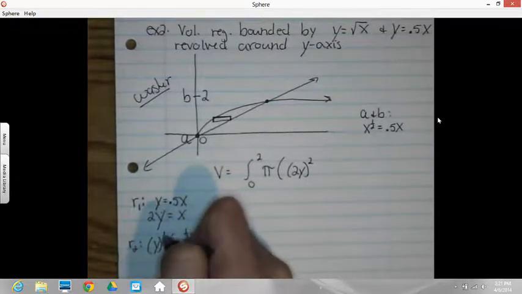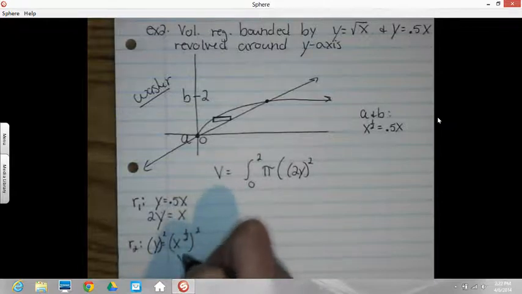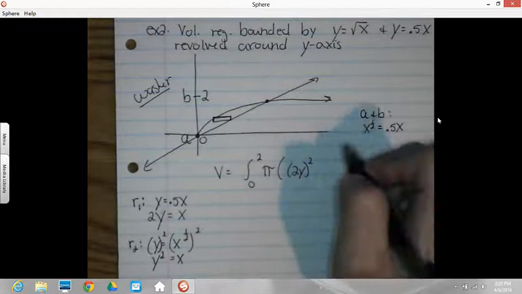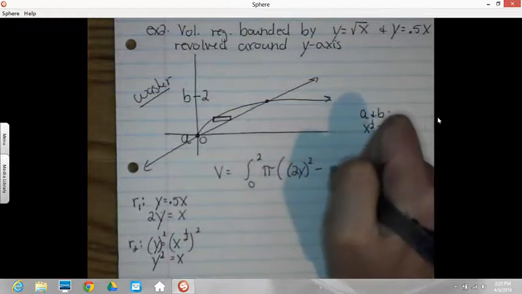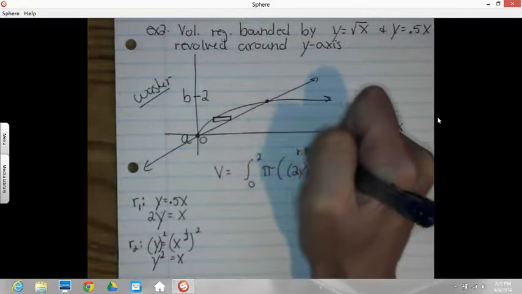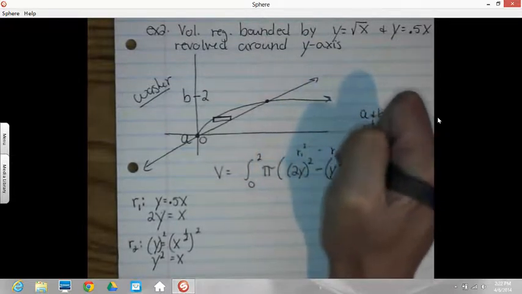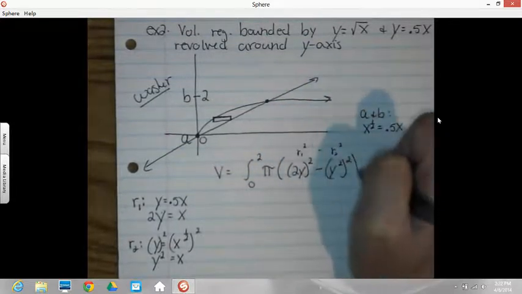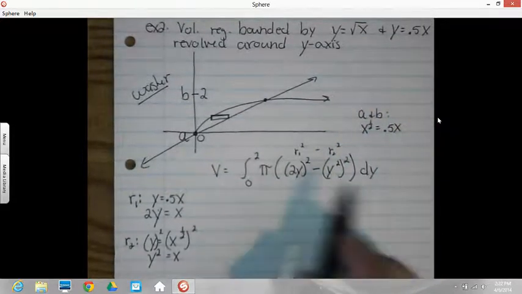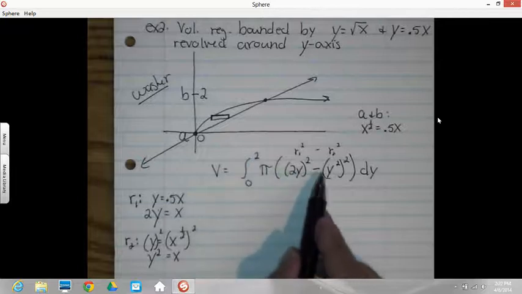So that will give me x equals y squared. Y squared is my R2. So y squared, and I've got to square that radius because it's R1 squared minus R2 squared. And then the height is dy. So y boundaries, y values, y expressions for the radius, dy on the end.